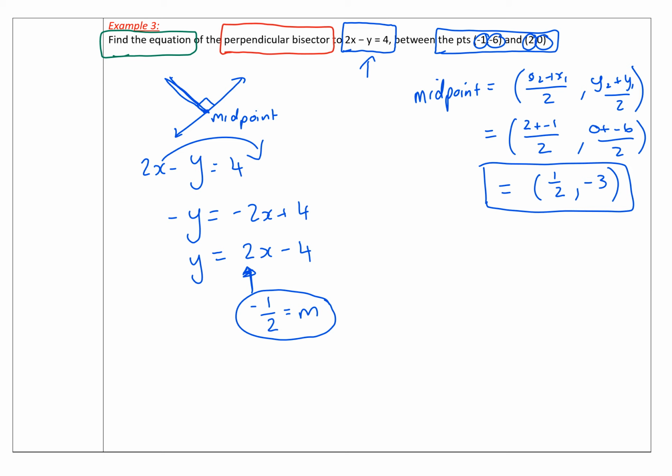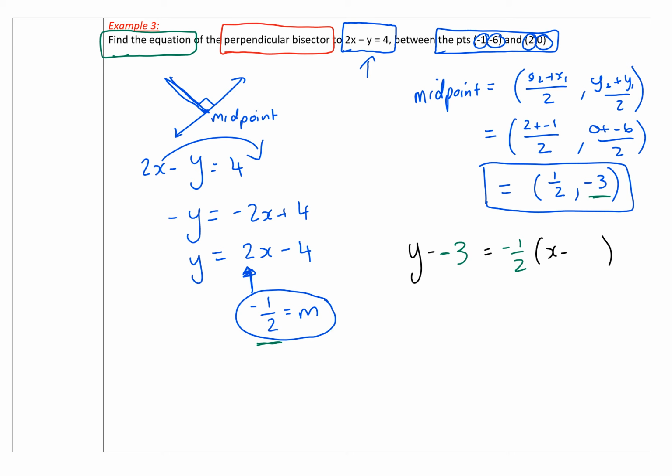I've got m and I've got an x1, y1. So now I sub it into the formula, y minus y1 equals m outside of x minus x1. I know my values here, so I'll start subbing those in. My y1 is negative 3. My m is negative 1/2.